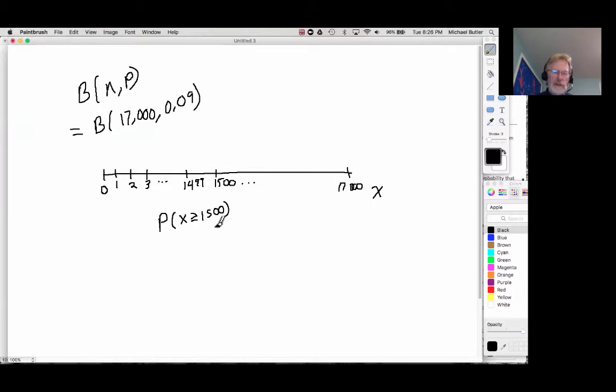What are the chances of getting 1,500, getting 1,501, getting 1,502, all the way up to all 17,000 of them responding? So to stay consistent, we're going to shade those by putting green dots over the top of them. I did that in the lab too, right? I drew these pictures and said, look, we're going to shade them.